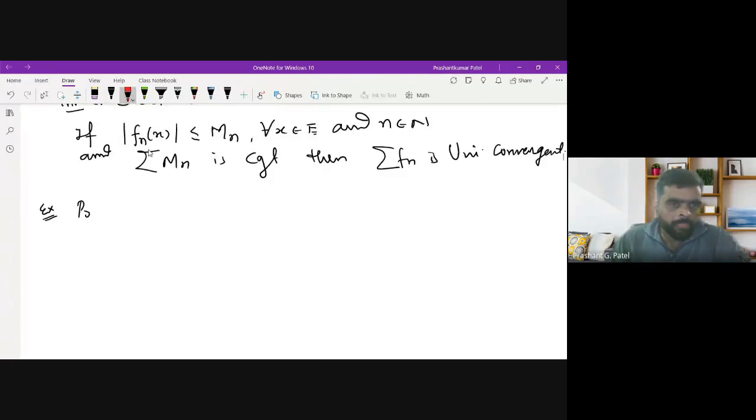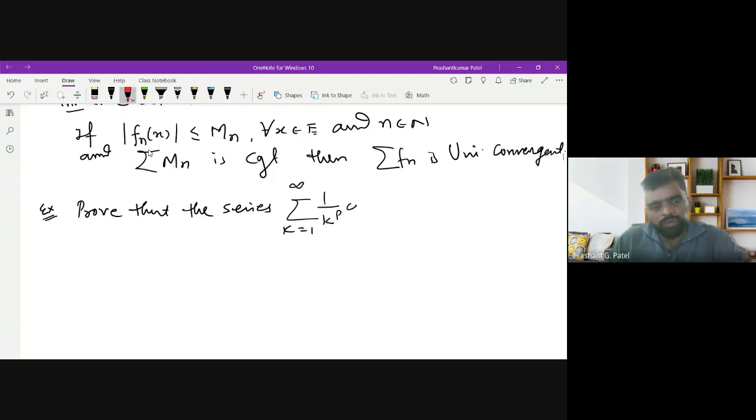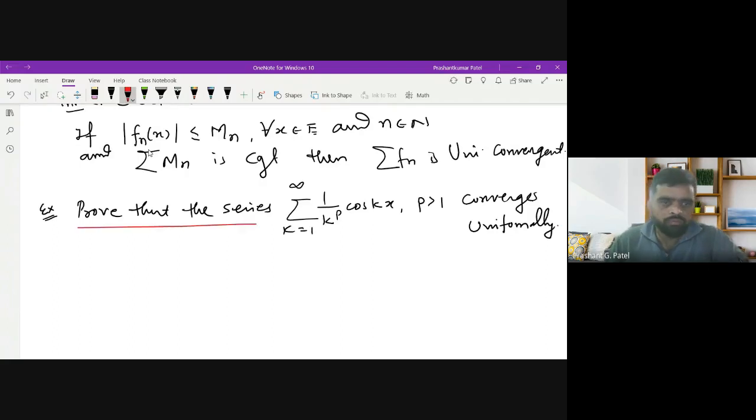Prove that the series summation k running from 1 to infinity 1 upon k power p cos kx, where p is greater than 1, converges uniformly. So this is the problem.